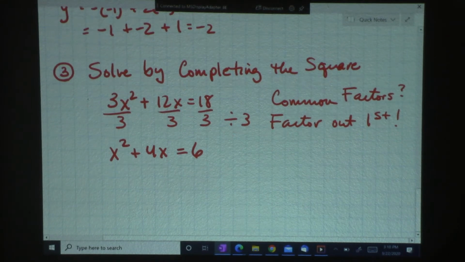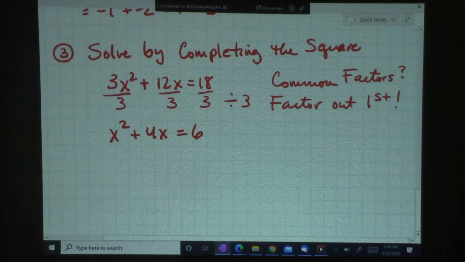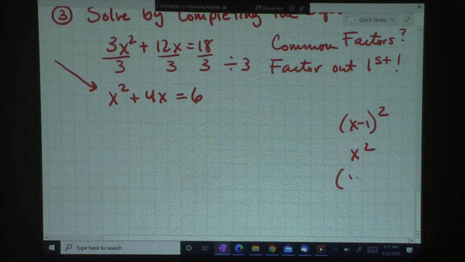So that's the first thing I'm going to do. Now, to complete the square, I want this side of the equation to become a perfect square. Either a number like x squared, or x minus 1 squared like this, or this, or this, where I have on the other side over here something like this, because then I can take the square root of it and find an answer.